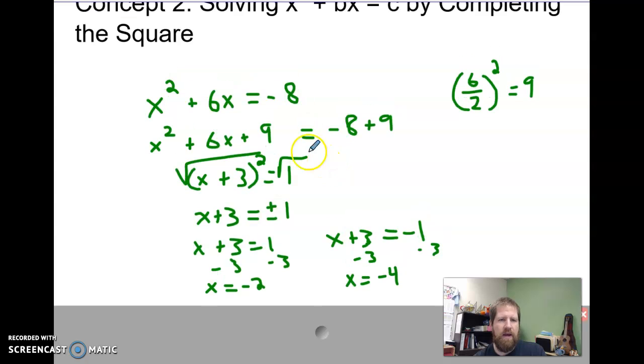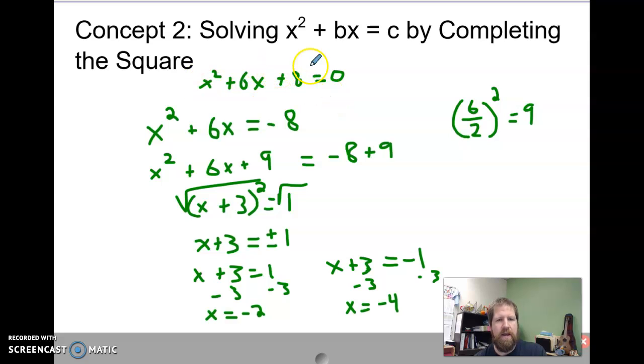Now, you might have looked at this and said, okay, I can see how we're doing that, but this seems like if I put it all on one side, my x squared plus 6x plus 8, because if I added 8 to both sides, that's what I'd end up with, equals 0. This seems like a really easy problem to factor, okay, and that's true.